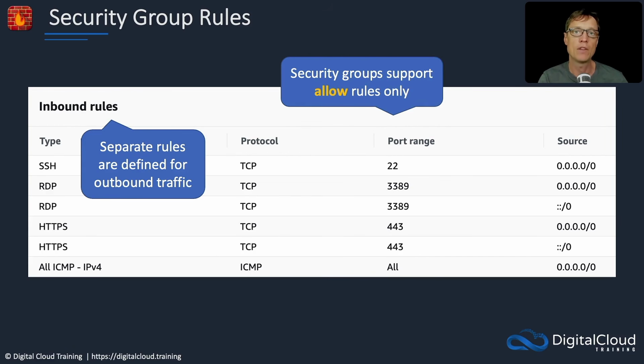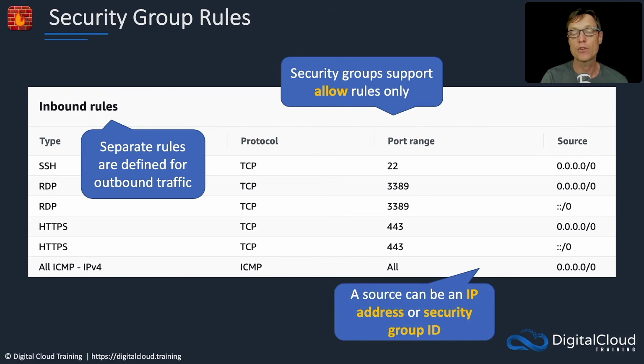Essentially, there's an implicit deny rule at the end of the rule set, and it's going to check for an allow, and if there is no allow, then by default it's just going to deny the traffic. As I mentioned, a security group can use a source of an IP address range, or the security group ID of itself or another security group.